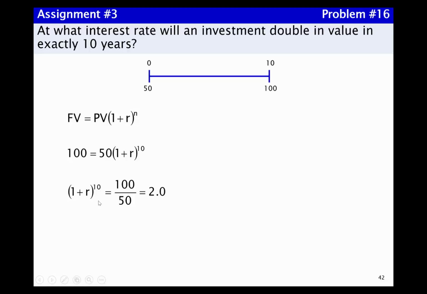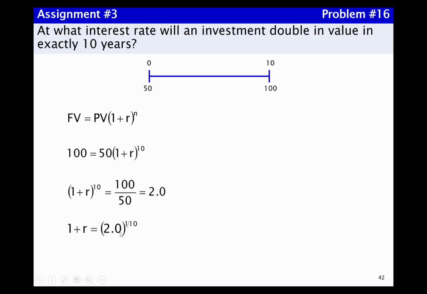Now we can solve this algebraically, and this is the only type of problem where we can solve for the unknown interest rate algebraically, explicitly. And that problem is when you have one present value and one future value. That's the only time you can solve for r algebraically. So what we want to do now is take the 10th root of both sides, or if you will, raise both sides to the 1/10th power. 1 plus r to the 10th to the 1/10th is simply 1 plus r.